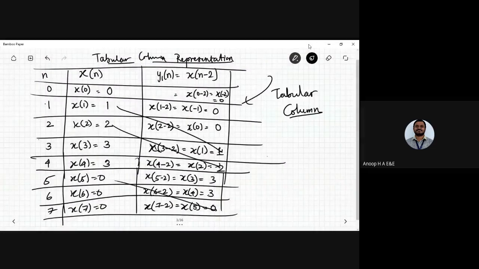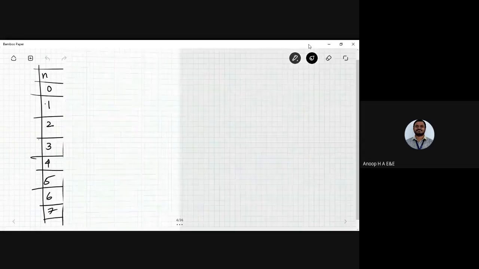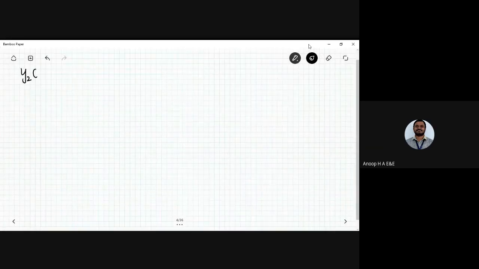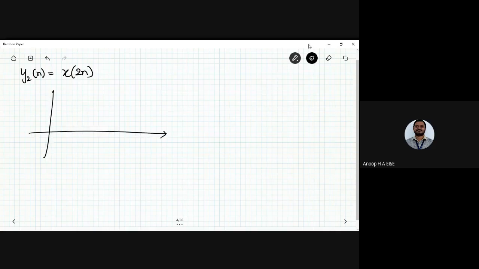Yes, if there are no queries, I can move to the next representation, that is y2 of n, that would be equal to x of 2n. Let me write down the signal again. X of n: 0, 1, 2, 3 and 4.